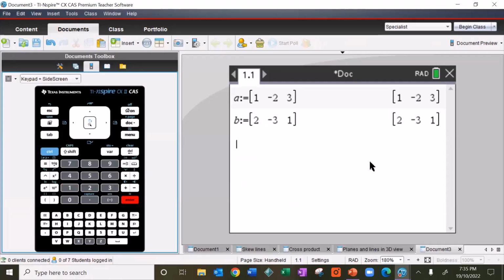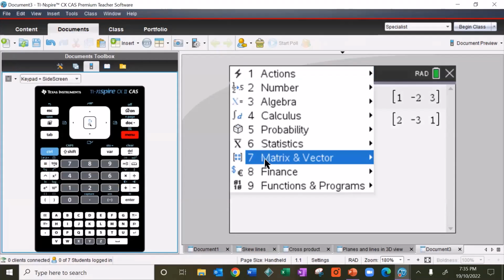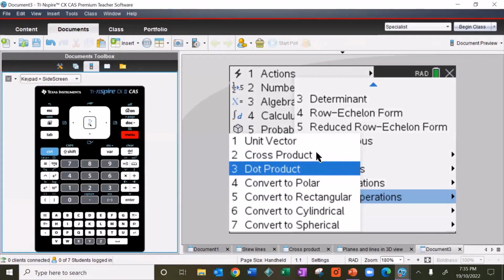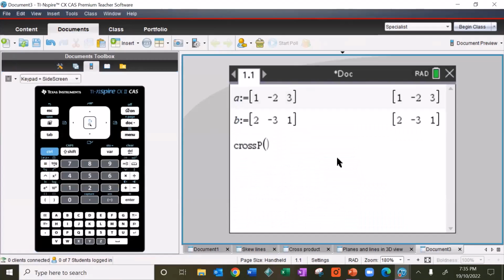So I have those 2 vectors defined. Similarly, as with the dot product, we use the matrix and vector application, and we have here the cross product. And because I defined those vectors, I can say the cross product of AB is 7, 5, and 1.